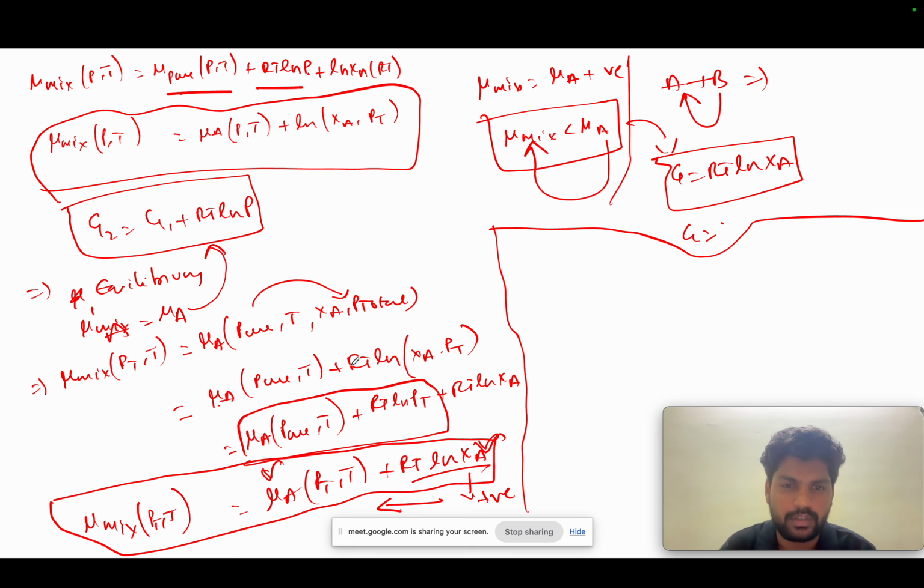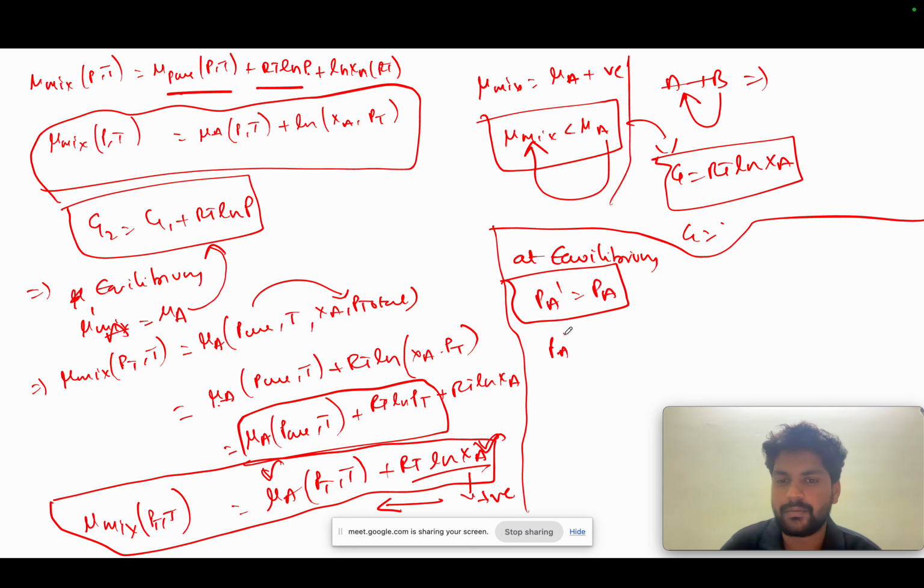RT ln XA. So what I have done was, at equilibrium we know that PA dash equals PA.